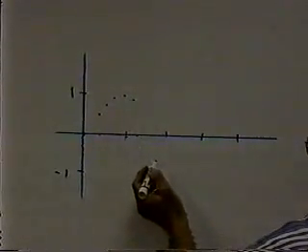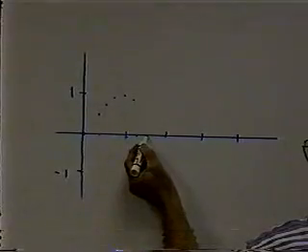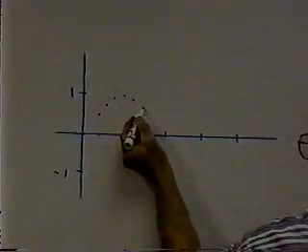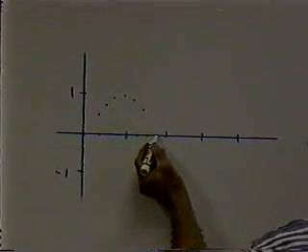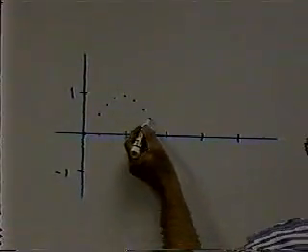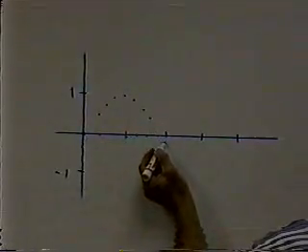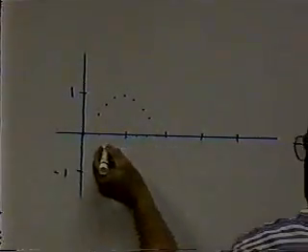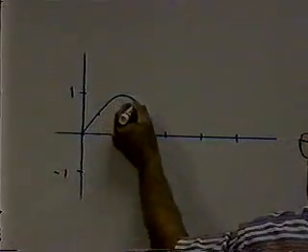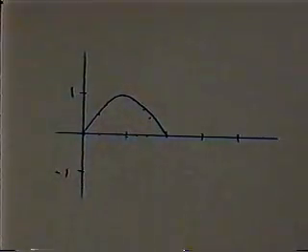So that's that one. And then 135 degrees is the same as the 45, so it's this one right here. And then the sine of 150 degrees is 0.5, so that's down here. And the sine of 180 is 0. So therefore the sine curve is looking something like this.